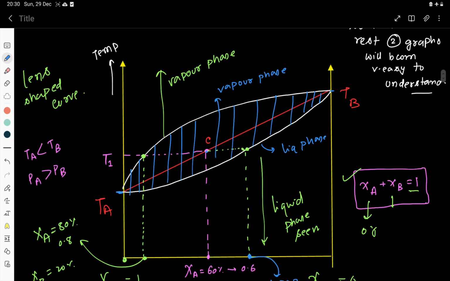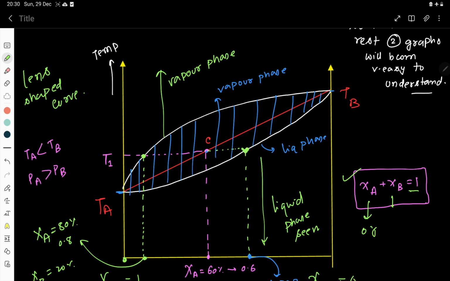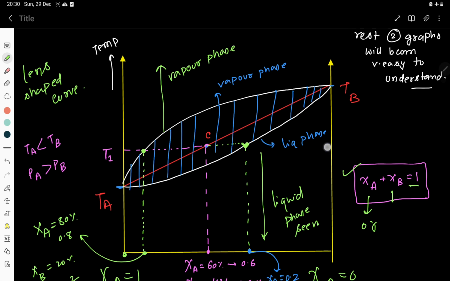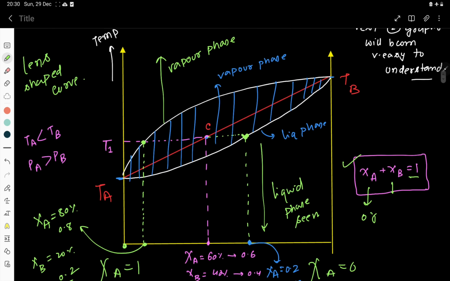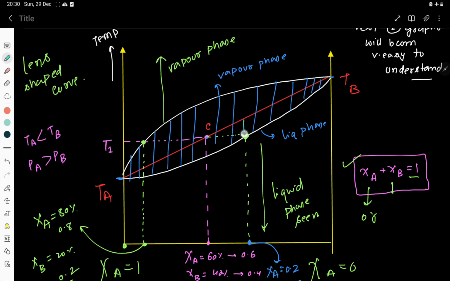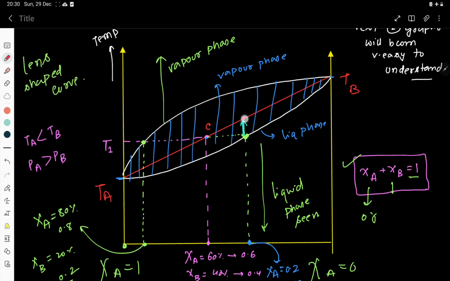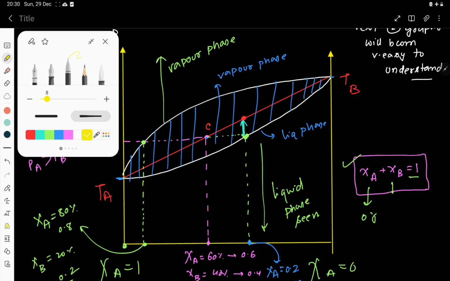I'm explaining this again. Here I have already marked the composition of the liquid phase. Now let us increase the temperature to here. See what will happen.